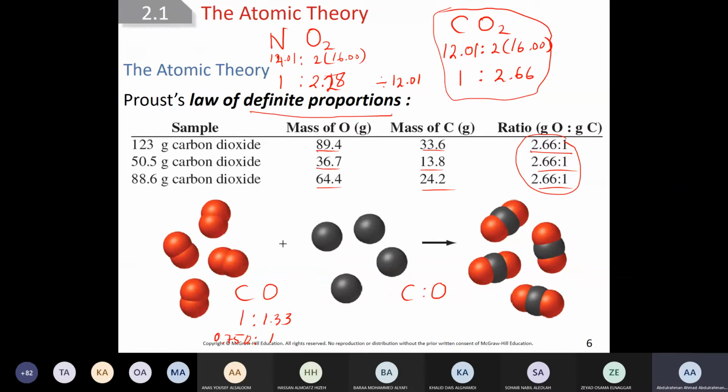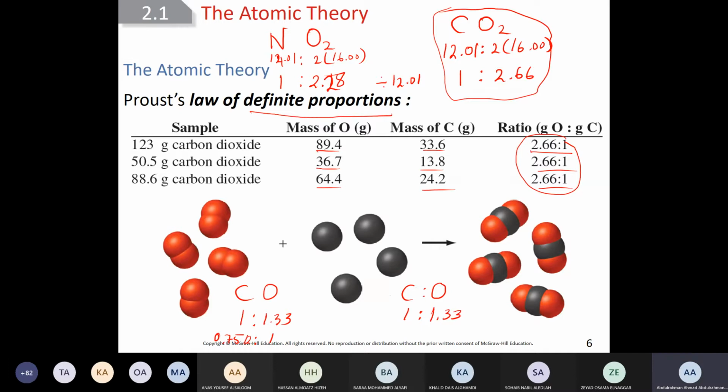We said that the ratio of carbon to oxygen in CO is 1 to what? 1.33. Clear? You agree? Good.